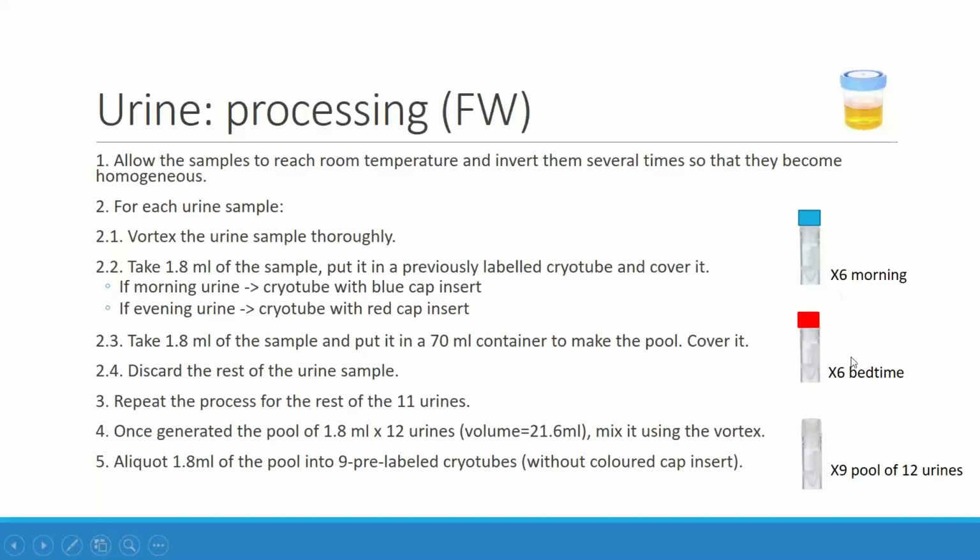And the morning and bedtime samples, that we are going to keep 6 aliquots for the morning and 6 for the bedtime. They are individual voids, so they are not replicates. This means that it's just a small fraction of the urine collected in day 1 morning, a fraction of the urine collected in day 2 morning.